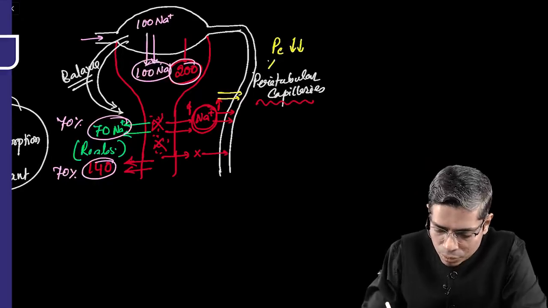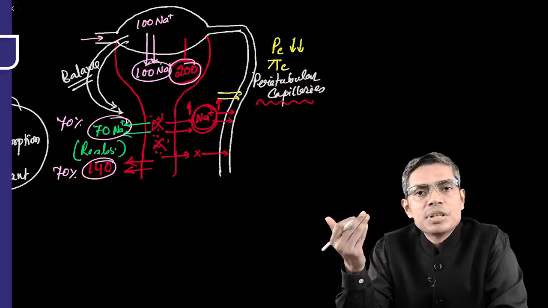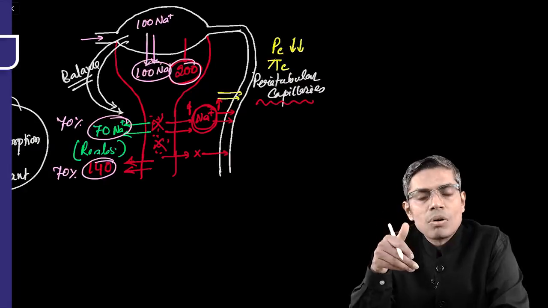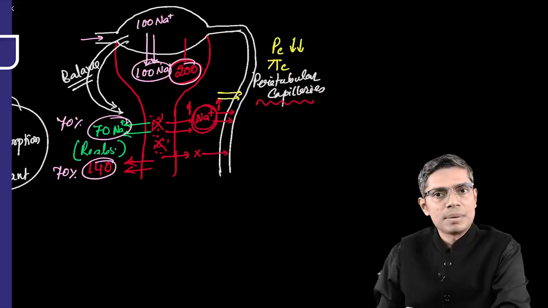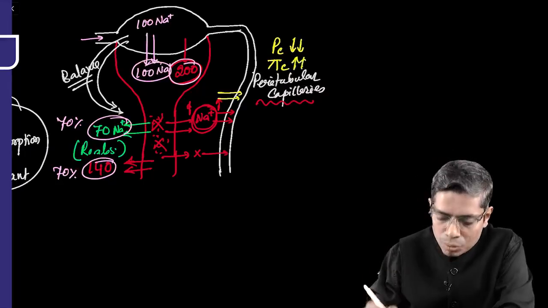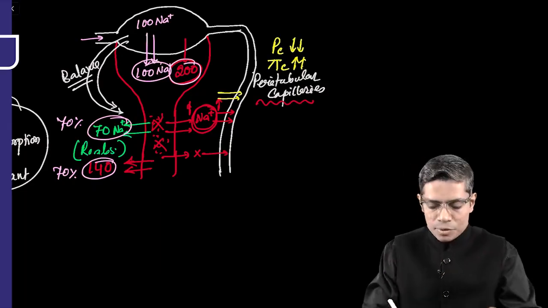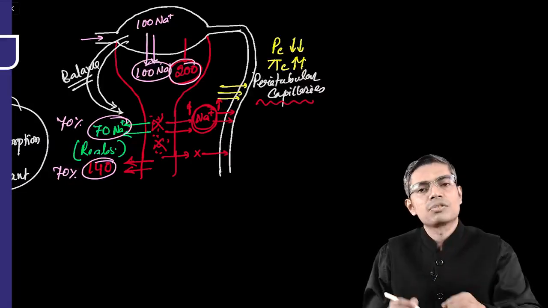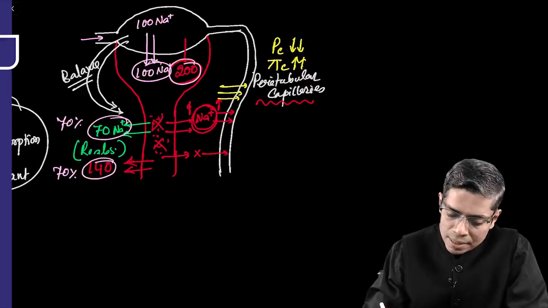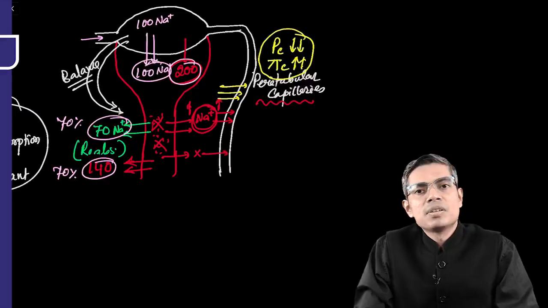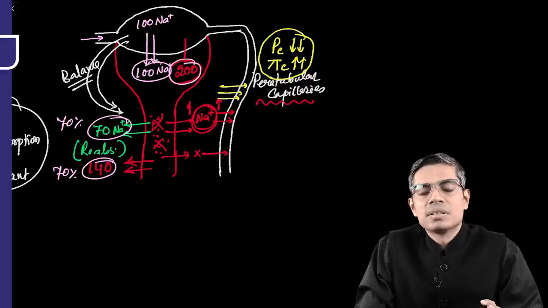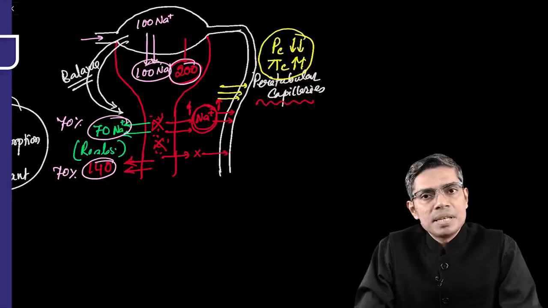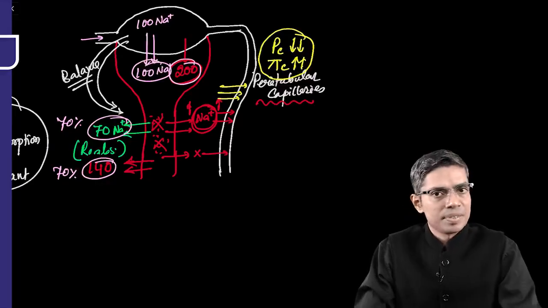Similarly, the oncotic pressure at the level of the peritubular capillary: should it be low or high? If you want to reabsorb more in the peritubular capillary, it has to be high, because oncotic force is a kind of retaining force. It will try to retain more water inside the peritubular capillary, so it will drag more water, and along with water the solute will also be reabsorbed. So basically, these two forces at the level of the peritubular capillary are helpful for reabsorption. Either you increase the oncotic pressure or you decrease the peritubular capillary hydrostatic pressure, right?